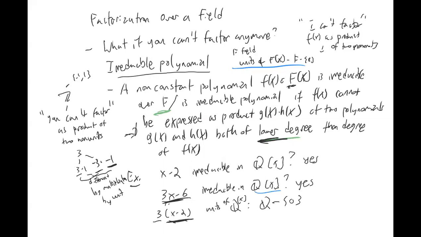Like if I ask you, is x squared plus 1 irreducible? If I choose two fields, over R or over C, this matters. Over R, this thing is irreducible. You can't really factor it as a product of things. But over C, this is just (x minus i)(x plus i).